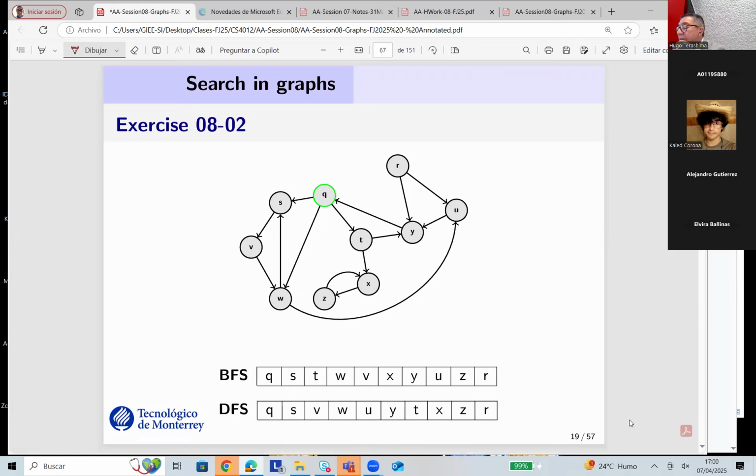And you're going to get something like this. This is BFS for a digraph. So the traversal is a little bit different, right?